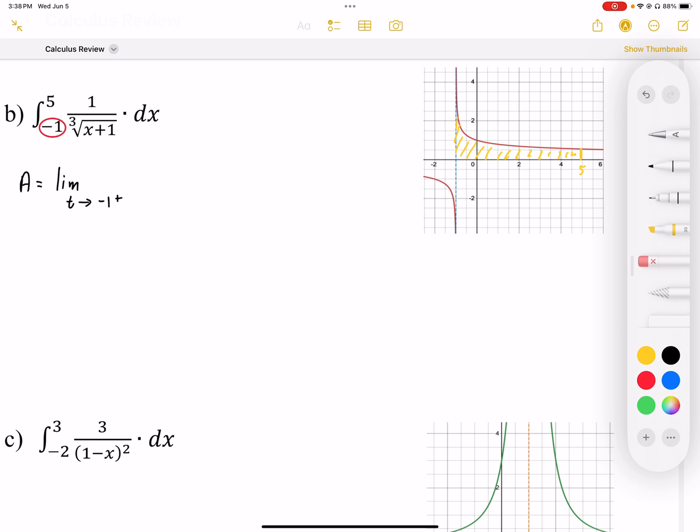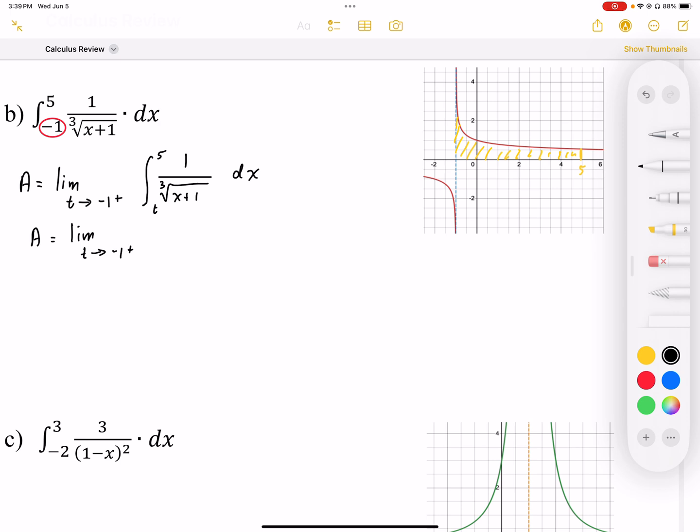And then my limit is going to be the integral from t to 5 of 1 over the cube root of x plus 1 dx. So the limit as t approaches negative 1 from the positive side, the antiderivative function, so if I find the integral of this, I'm going to use the power rule.